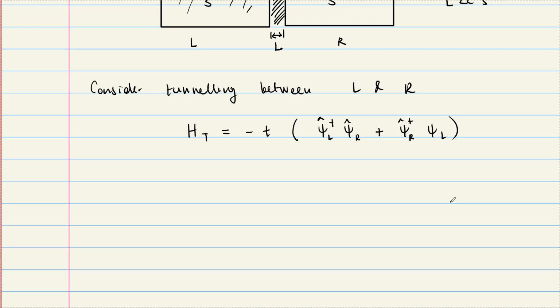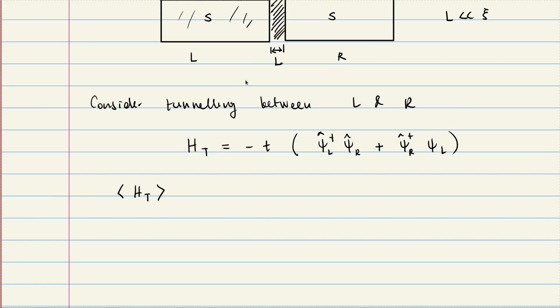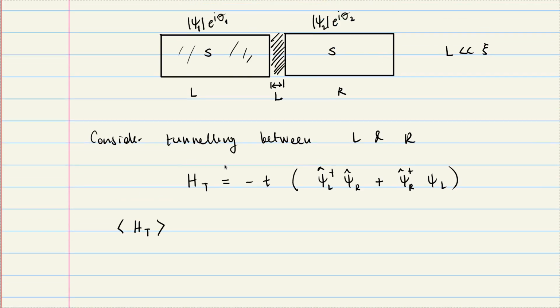So we'll see later in the BCS theory that if you calculate in the first order perturbation theory, there is some psi on this state and psi on this state, and you can calculate the expectation value of this tunneling.